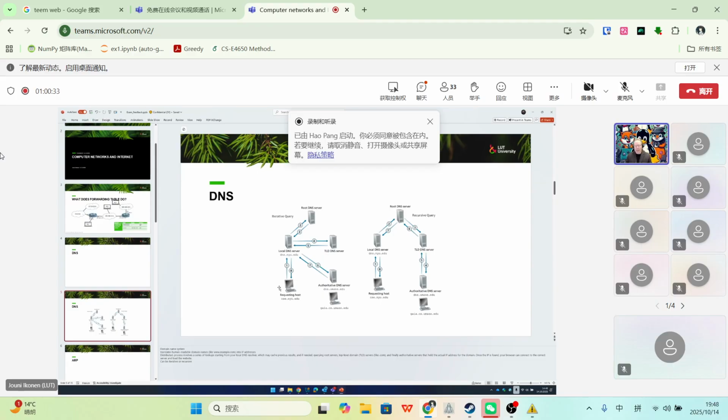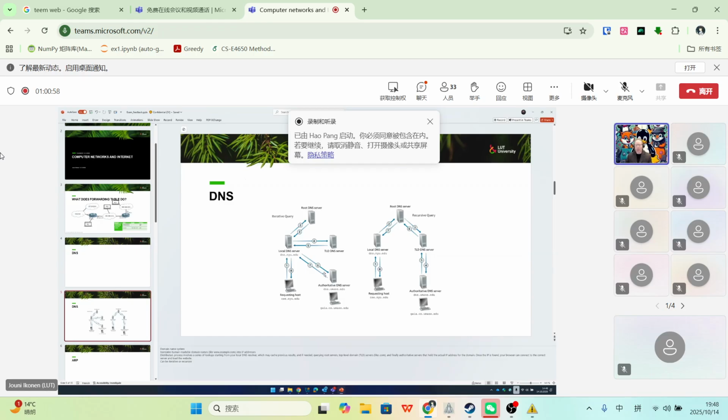So our host is sending a query, and the local DNS server is then finding out from the authoritative DNS server, so from somebody who is responsible for the domain.